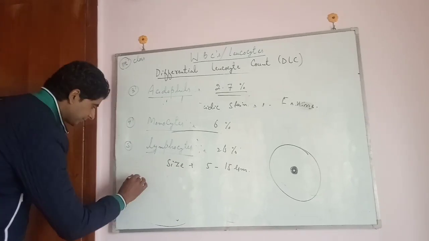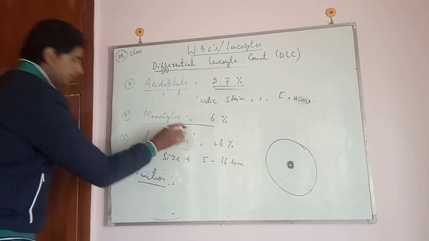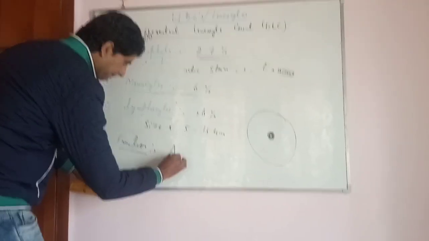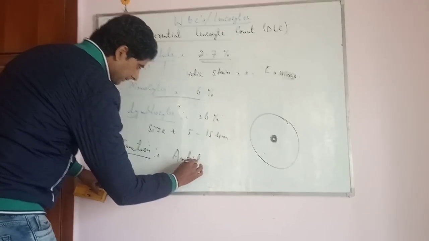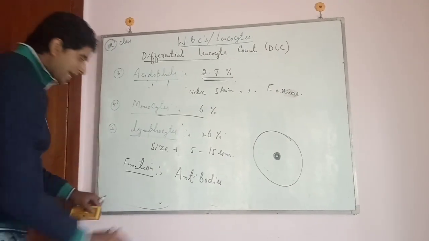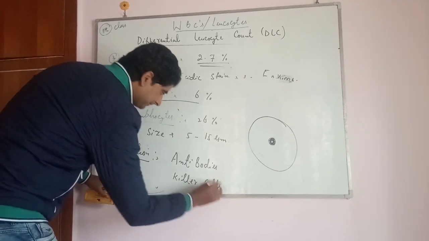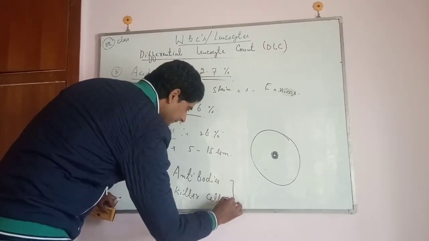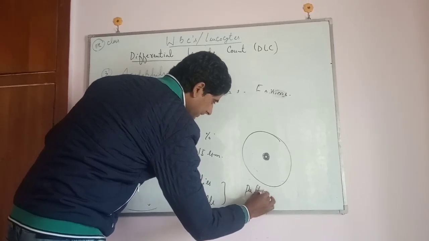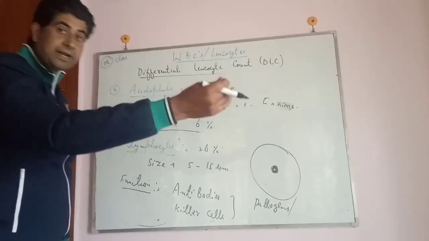Now their function. The function of the lymphocytes is to produce antibodies as well as killer cells against the pathogens, or foreign particles, or against the antigens.